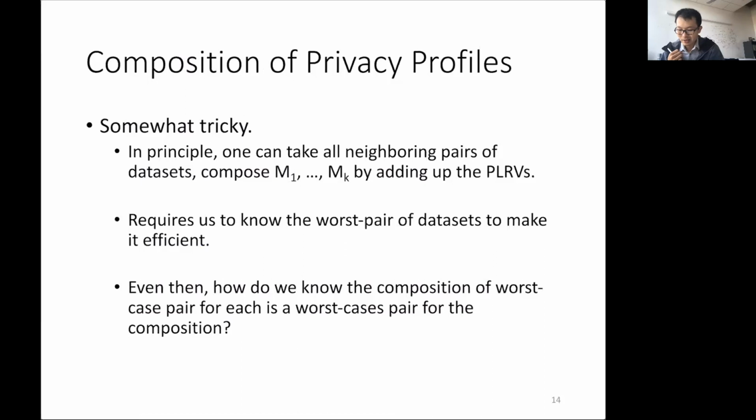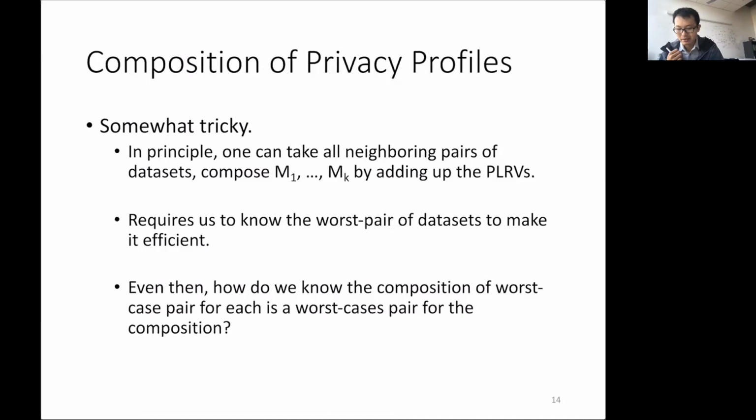And the thing is that even if we know what the worst case pair of data sets is for individual mechanisms, it is not easy for us to construct the worst case pair of data sets for the composed mechanism, because the worst case pair of data sets might be different.